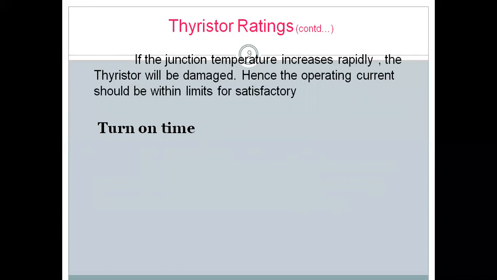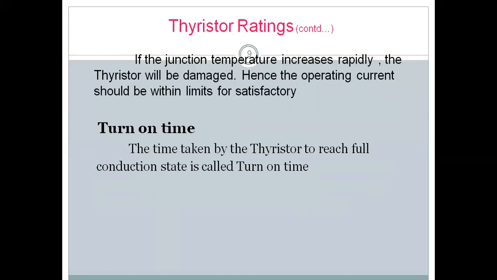Turn on time. After triggering the thyristor, it does not conduct instantaneously but takes a finite time to reach full conduction.